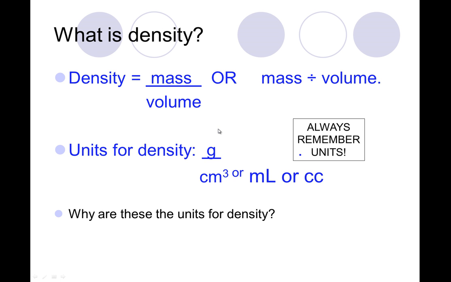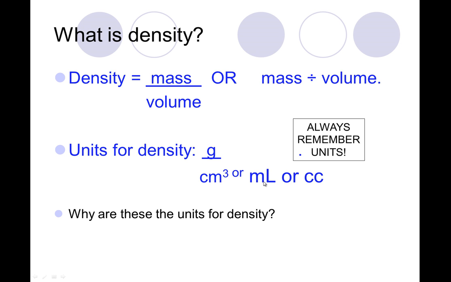So here's our math part of this. Density equals mass divided by volume, and the units that we use are grams per cubic centimeter, which is used when we are doing a regular shaped object: length times width times height.